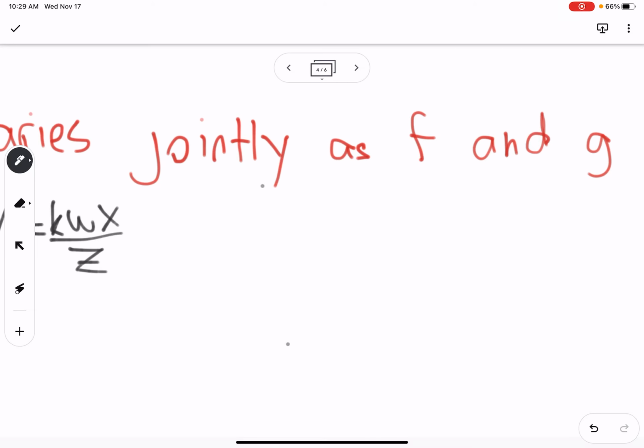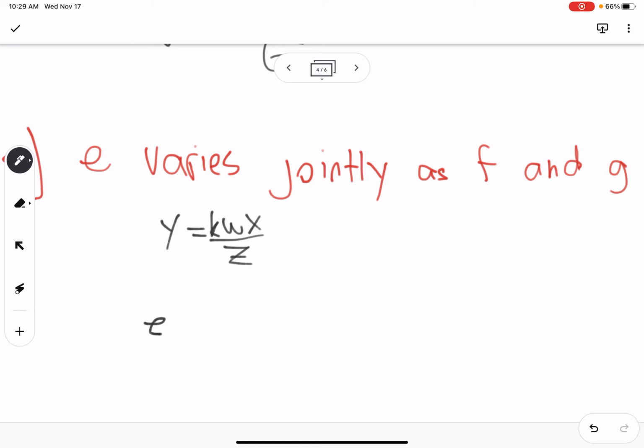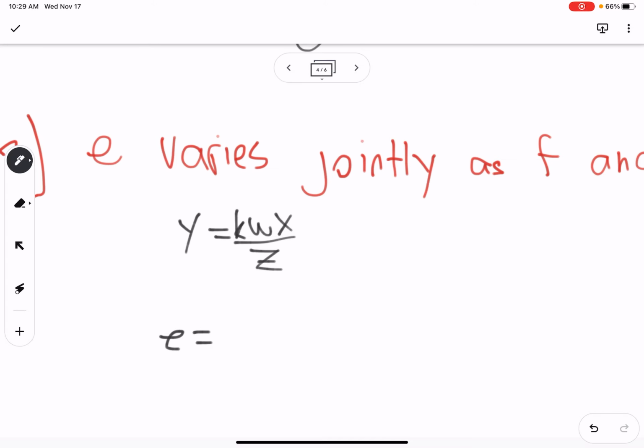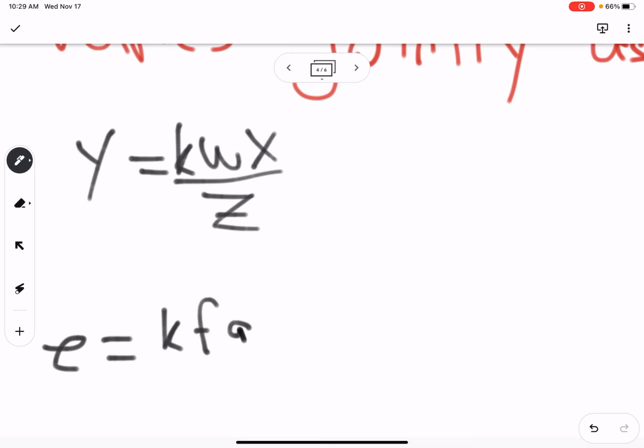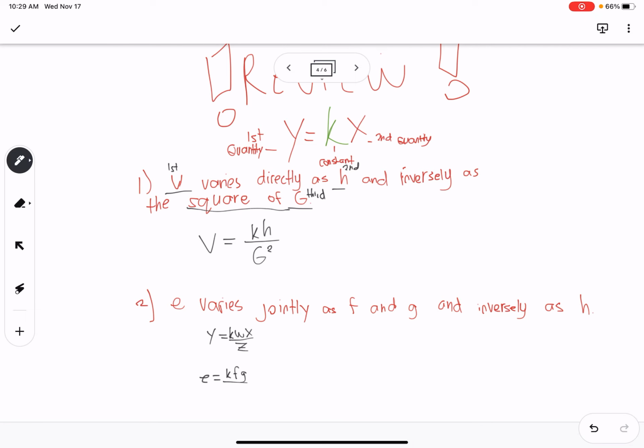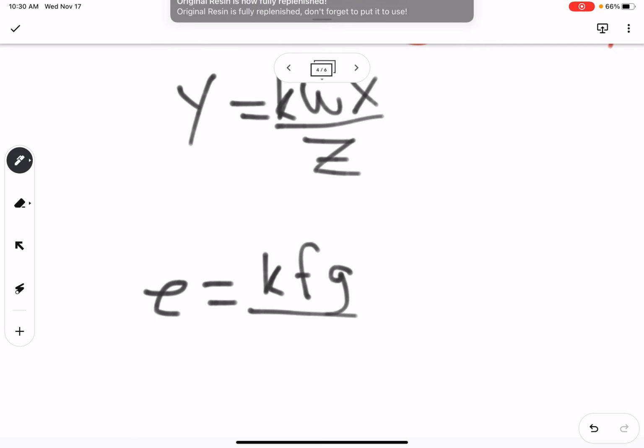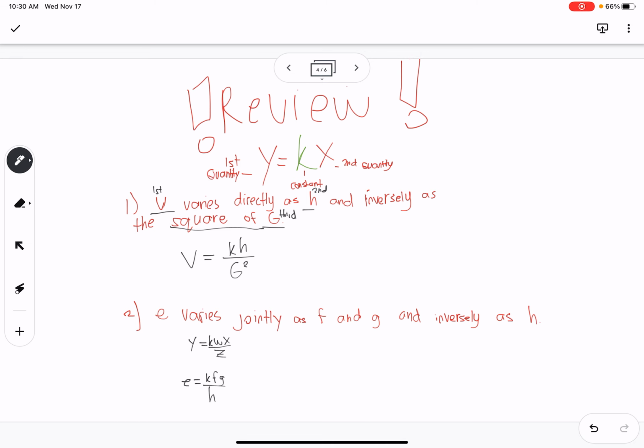There we go. Now, let's substitute the values. So we have E equals k f g over h. And yeah, this is how you do it with translating of the statements.